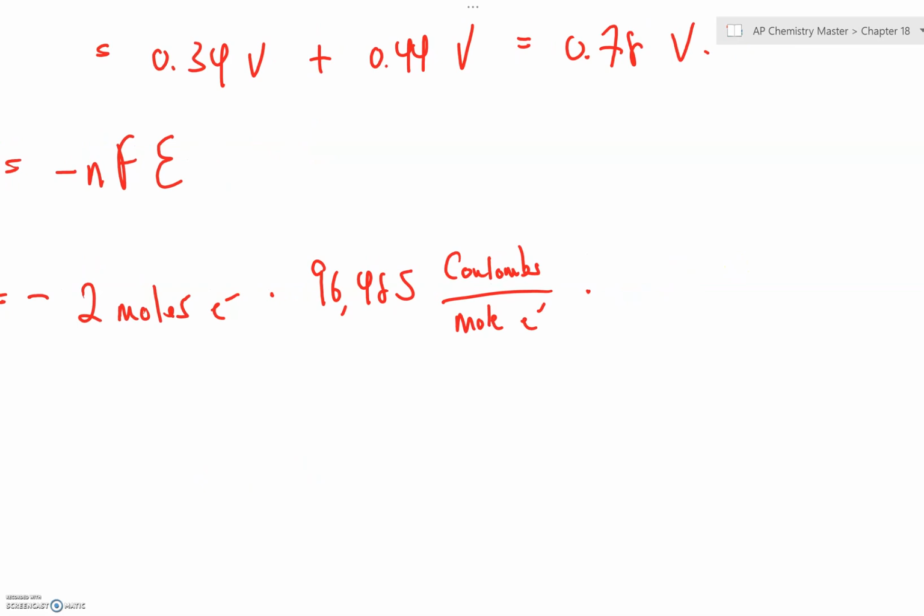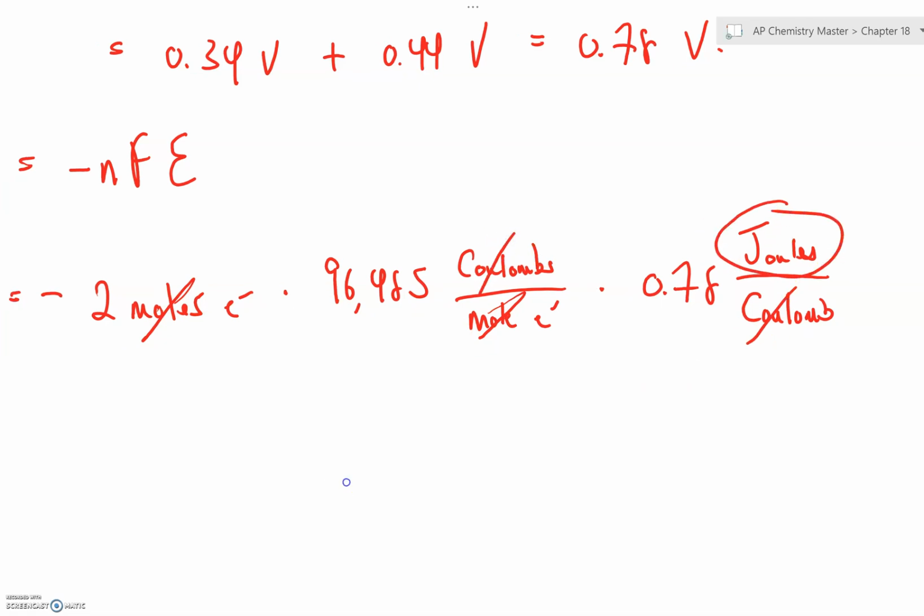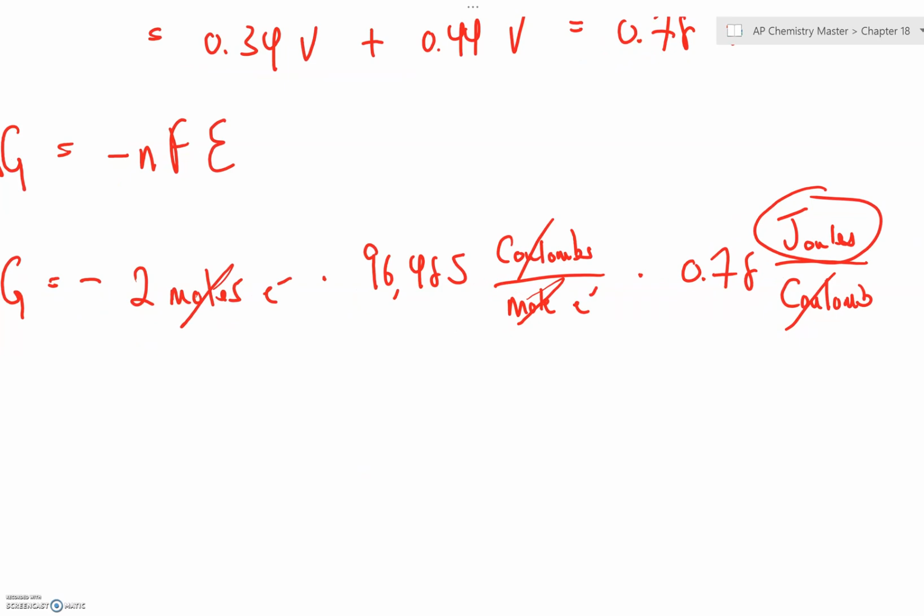We're going to write this a little differently. We have 0.78 volts, which, if you will recall, we wrote as joules per coulomb. When you do this, look at what happens to our units. Moles of electrons cancel, coulombs cancel, leaves our answer in joules.